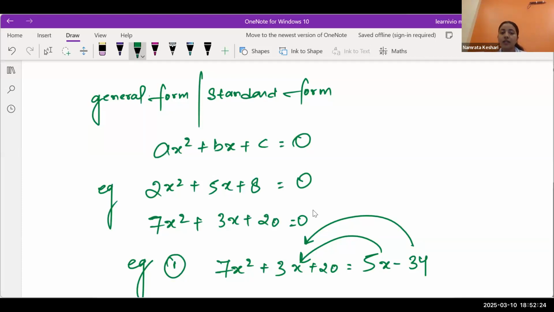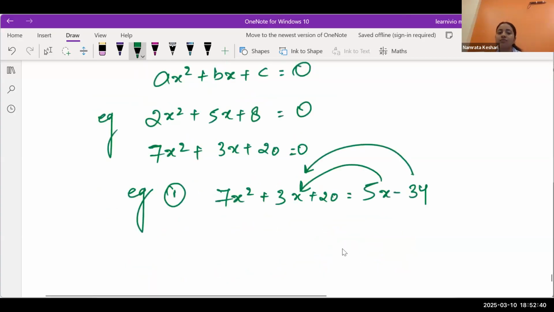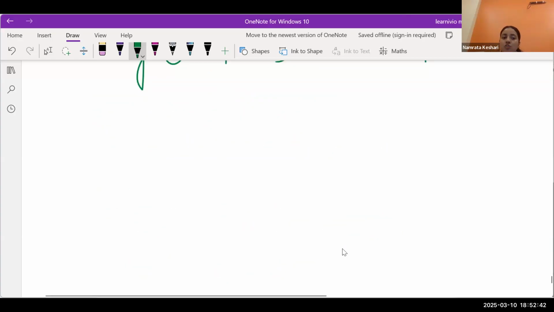We are able to understand each other's language because you have learned a standard form and the same standard form I have also learned. That's why we are able to connect with each other. So anytime, not only in class 10 but also in class 11 and 12, when you see such an equation, that is 2x square plus 8x plus 9 is equal to 0, you are going to call it a quadratic equation.